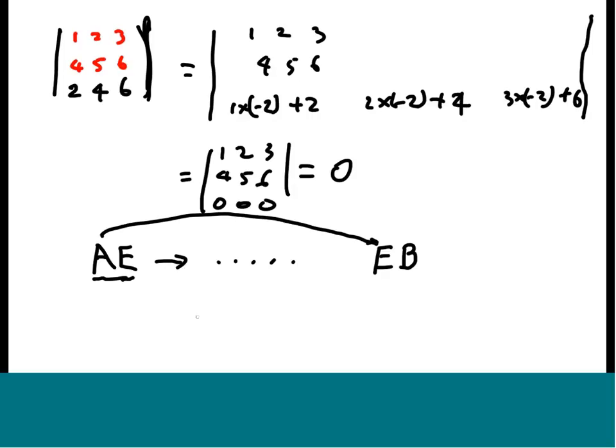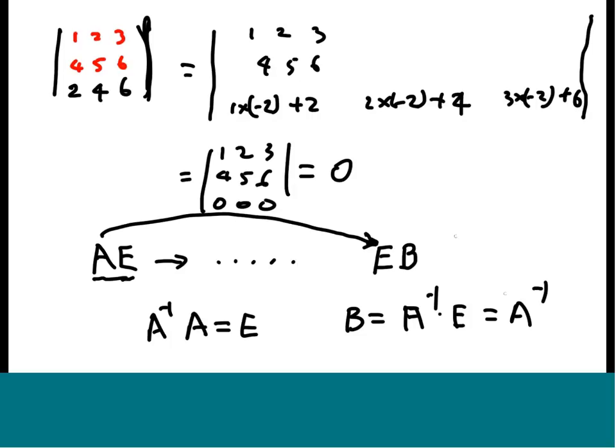So A times A inverse equals E. So the operation is multiply by A inverse. So B is going to be A inverse times E, going to be A inverse. Okay.